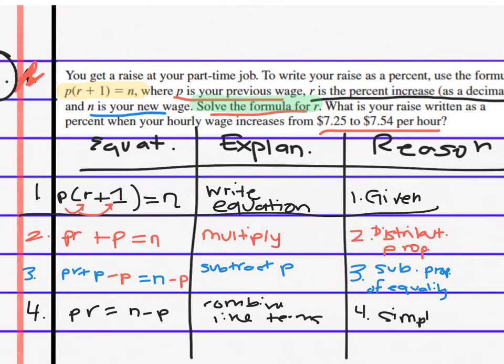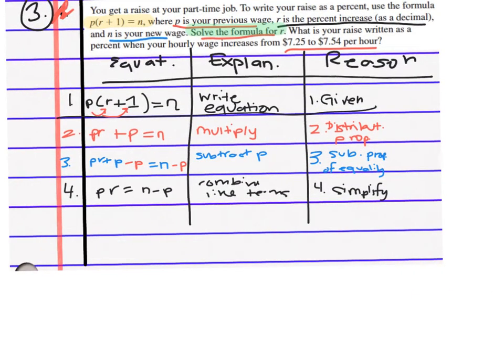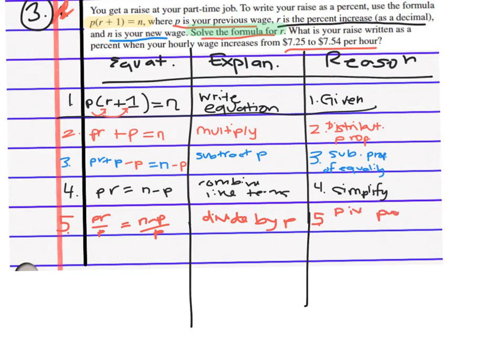I'm going to have to move my table up a little, so if you need to pause the video to see, go ahead and do so. All right, and where are we here? We're almost done, I think. Okay, then our goal is to get R alone, so to get rid of P, we're going to divide by P. So I'm dividing by P, which would be, since I'm dividing, the division property of equality.